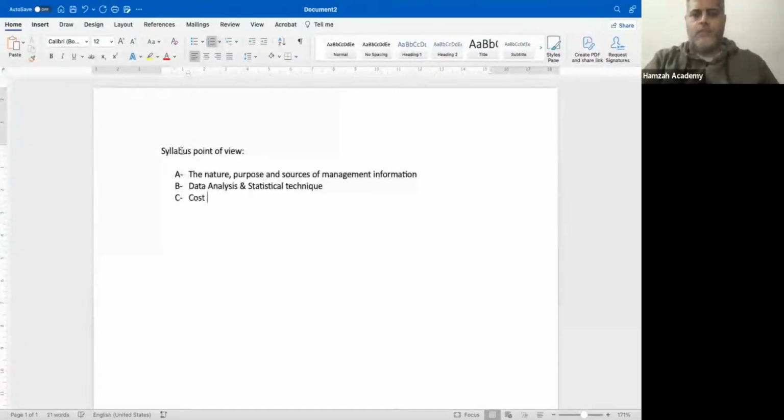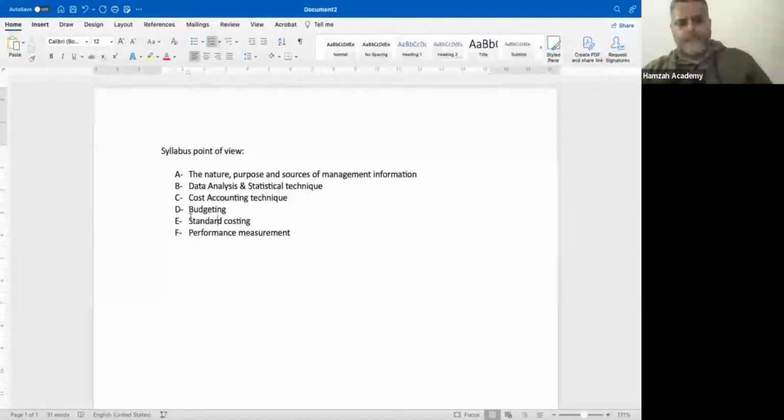We are going to have cost accounting techniques. We'll have budgeting, standard costing, and then performance measurement. Right. So this is the main area as far as your syllabus is concerned, these 6 topics we are going to cover over here, right?